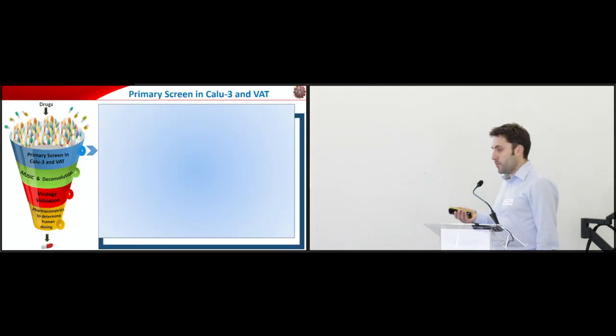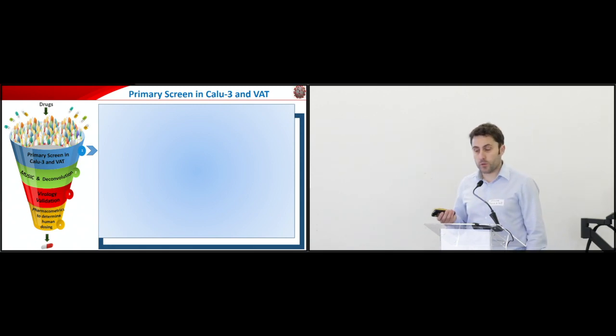In terms of the screening itself, we are using two cell lines: Calu-3, a human epithelial cell line which is a reference cell for studying SARS-CoV-2, and VeroE6 cells overexpressing human ACE2 and TMPRSS2, the two main important elements for the entry of SARS-CoV-2.